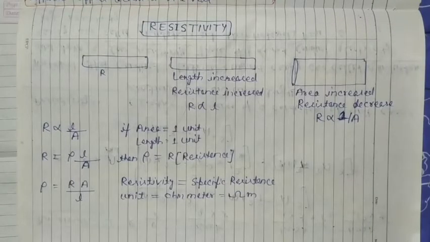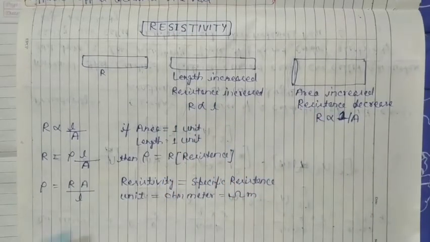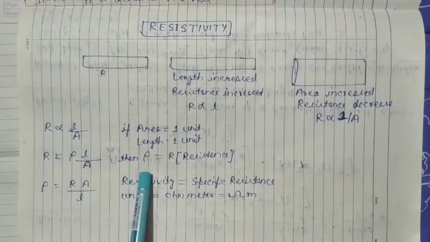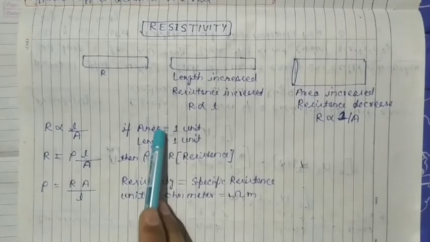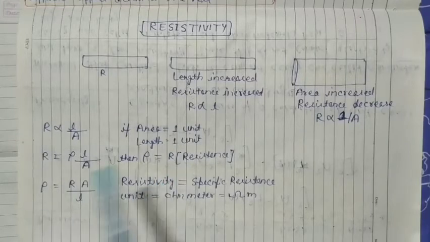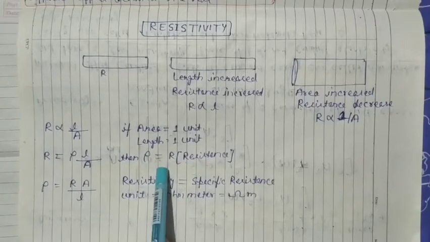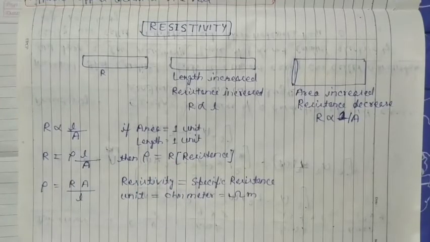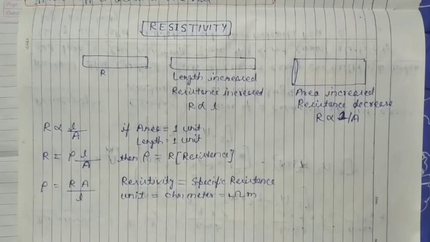Resistance will change with the length and the area, but in case of rho, resistivity, the length and area we have made constant, 1 and 1, otherwise rho equals R. This constant we give a new name and call it resistivity. Rho is known as resistivity.